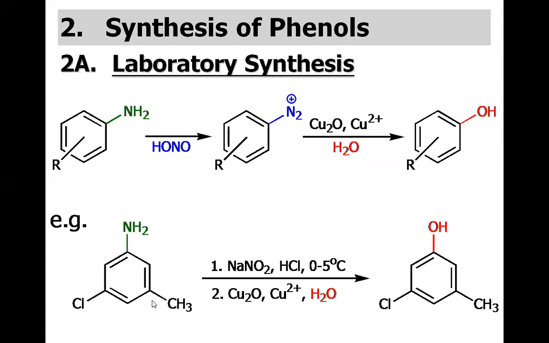Suppose we have 3,5-dichloroaniline, and if we treat it with sodium nitrite and HCl, remember, sodium nitrite and HCl will form the nitrous acid in situ, and then this nitrous acid is attacked by the nitrogen lone pair of this aniline to give the diazonium salt, which will be captured by the water molecule to give the phenol derivative.